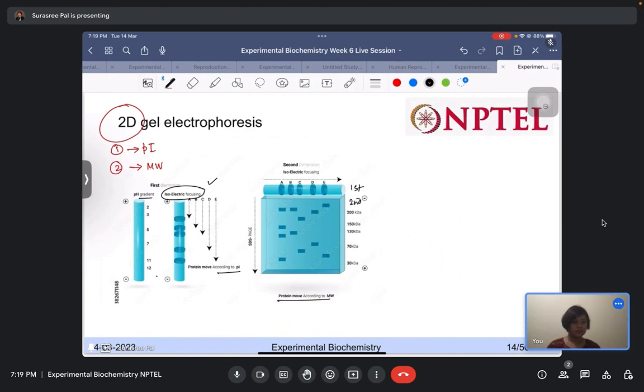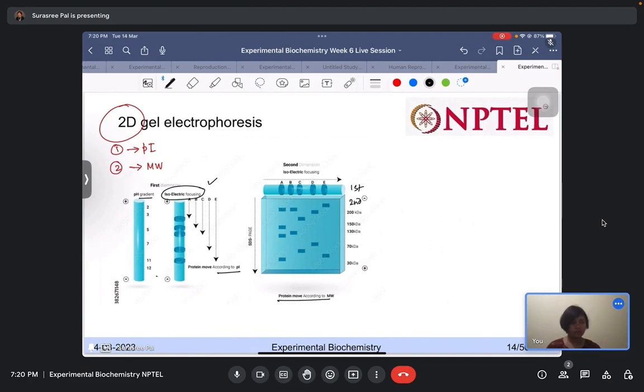Now many proteins will have a PI of 5, which will move to pH 5 and they will stop there, they will not migrate any further.